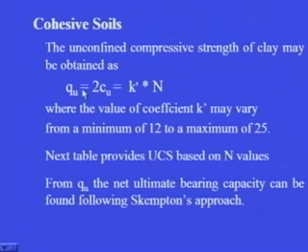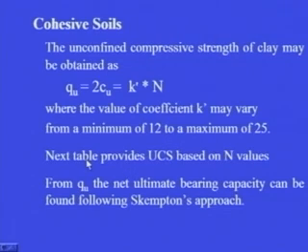If we conduct an unconsolidated undrained test in triaxial, then this is the strength in undrained condition for the fully saturated soil, and that becomes equal to 2 times undrained cohesion, and it is equal to K' into N, where the value of coefficient K' may vary from a minimum value of 12 to a maximum value of 25.